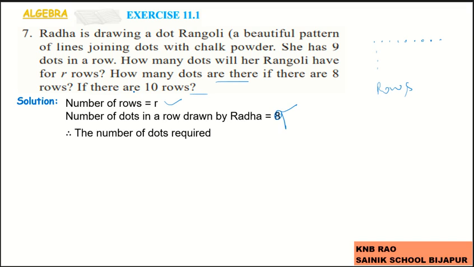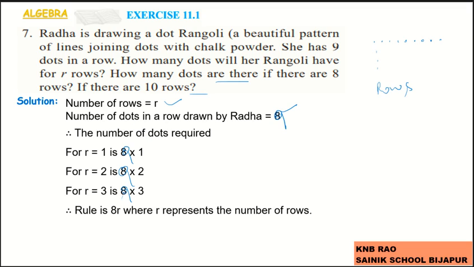The number of dots required will be 9 into 1, 9 into 2, 9 into 3, and the rule becomes 9R. So here 9R is the right answer.